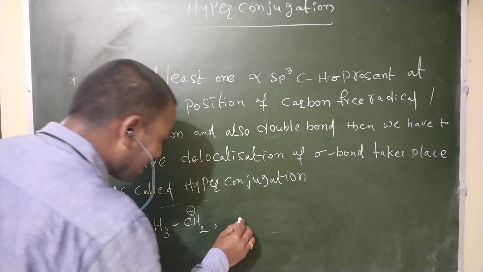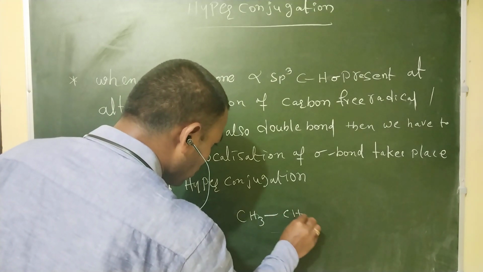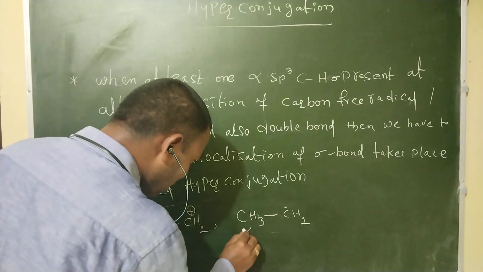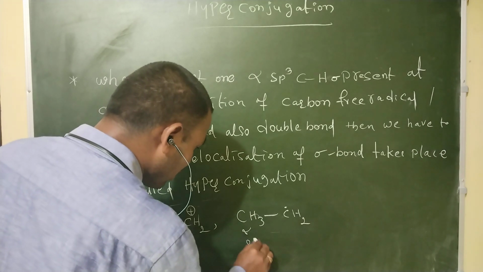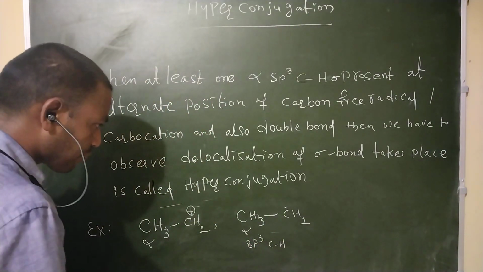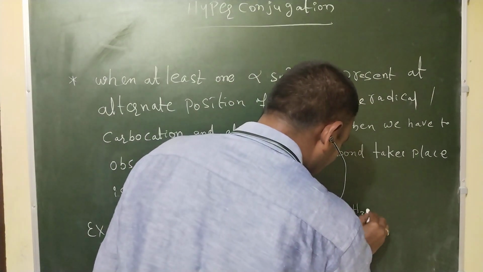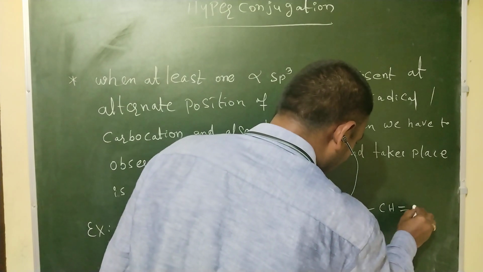And if you go with the carbon free radical like CH3 CH2 radical, here also the sp3 CH sigma bond is present. And also we go with the double bond, CH3 CH double bond CH2.